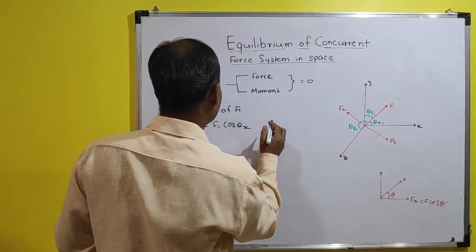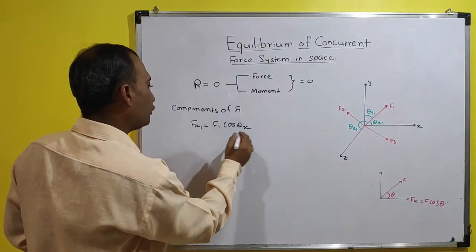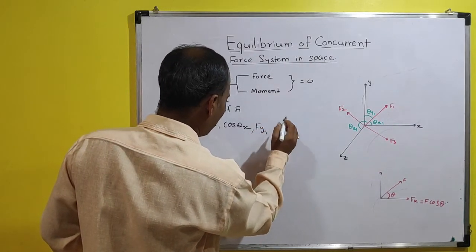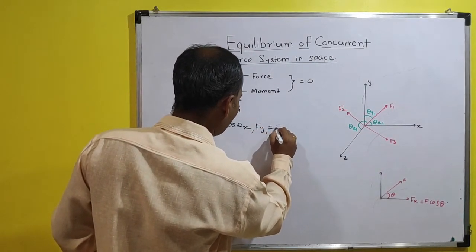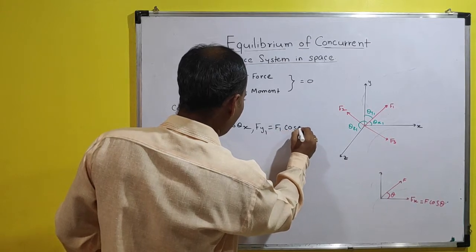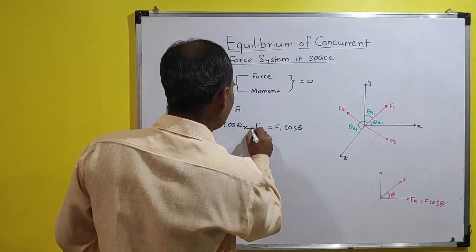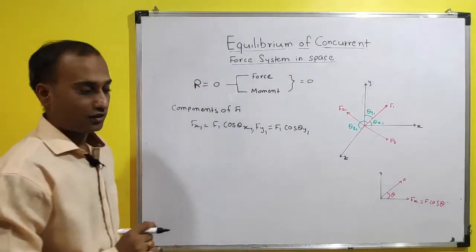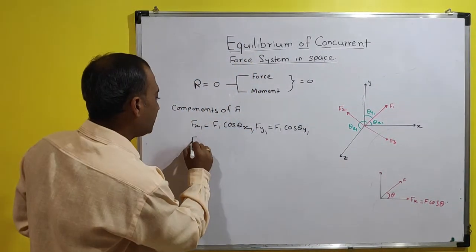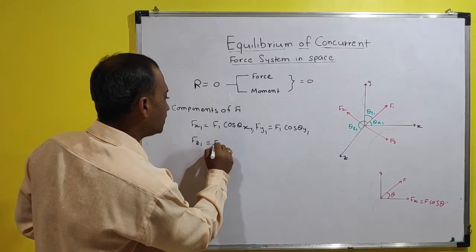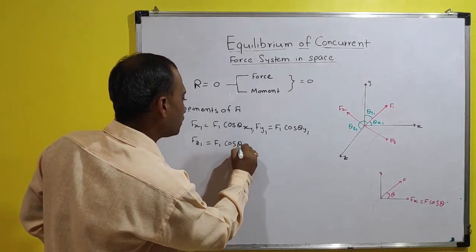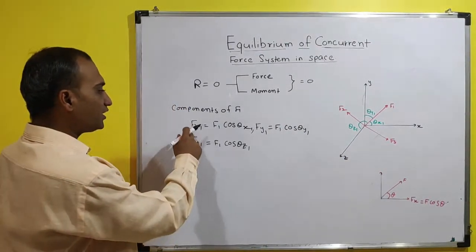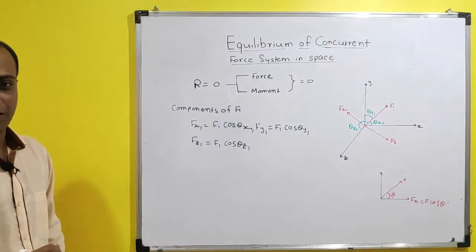Similarly, we can say the component along y direction is equal to F1 cos theta y1, and in the z direction it will be Fz1 is equal to F1 cos of theta z1. So these are the components of the force F1.